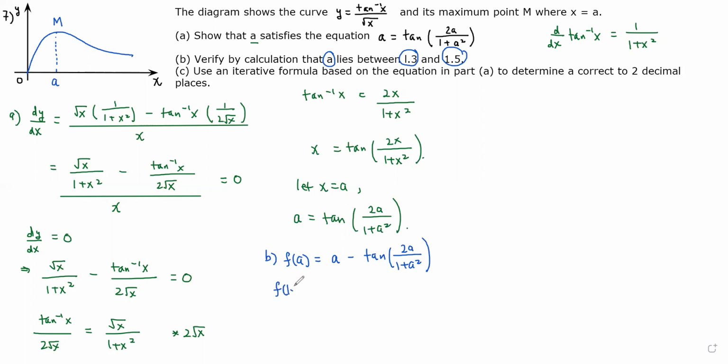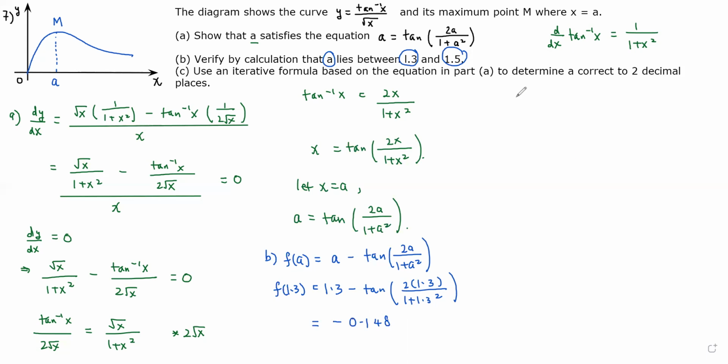So we find f(1.3), we have 1.3 minus tangent of 2 times 1.3 over 1 plus 1.3 squared. When we evaluate this, make sure that your calculator is in radian mode and not degree mode.